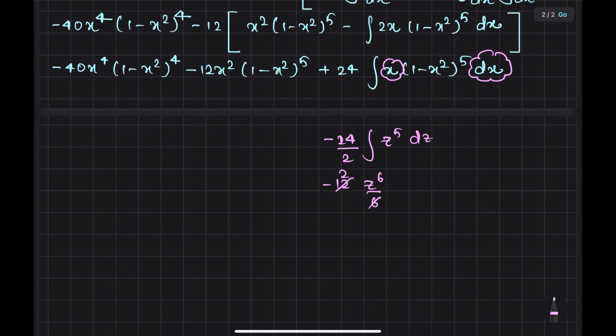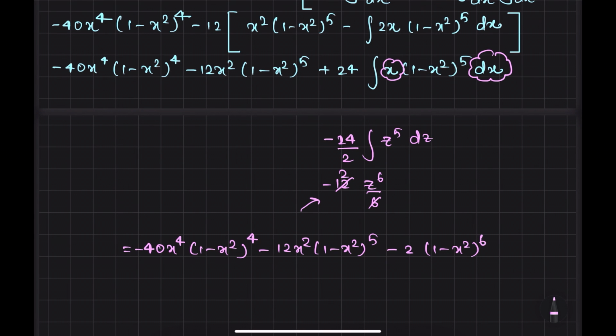Now you can write down the full thing. So minus of 40 x power 4 1 minus x square power 4, minus 12 x square 1 minus x square power 5, and then this thing minus of 2, who is z? z is 1 minus x square power 6. So this is your integration.